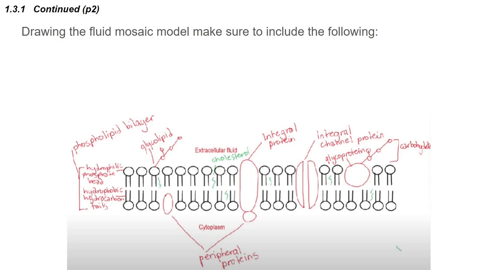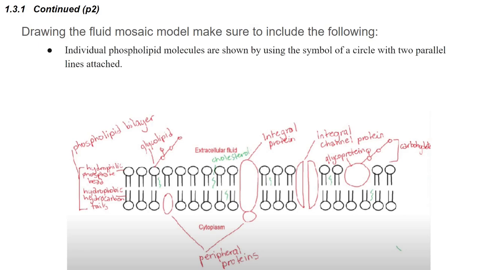So when you draw the fluid mosaic model, you have to include the following. You have to include individual phospholipid molecules. These are shown by using the symbol of a circle for the hydrophilic head and two parallel lines for the hydrophobic tails. You need a range of membrane proteins, including integral and peripheral.